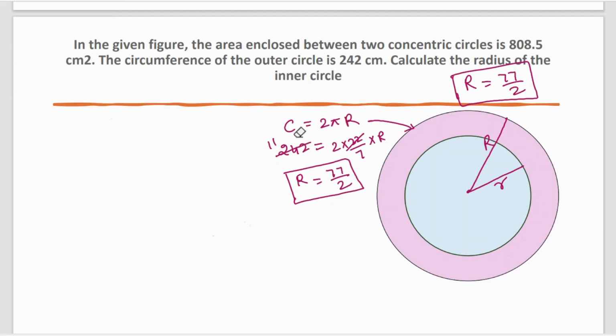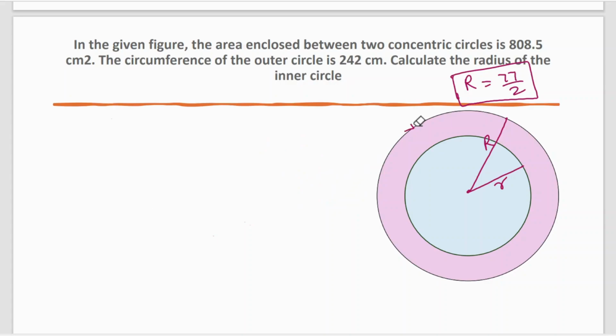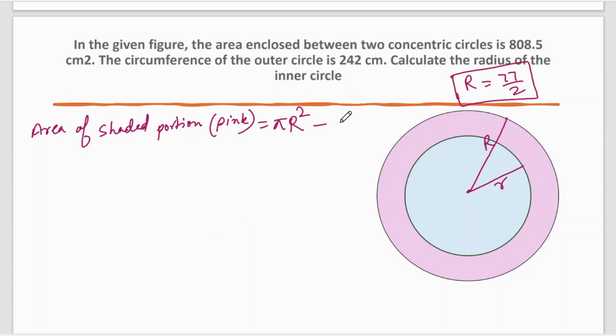Okay, so let me erase now. Now they have asked you to find the radius of inner circle. So area of shaded portion, and that is the pink one, not the gray one, that will be pi capital R square minus pi small r square.